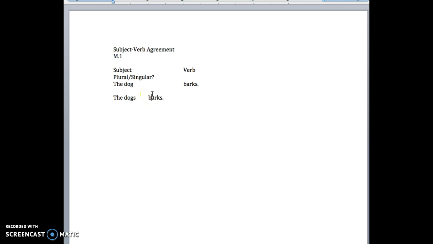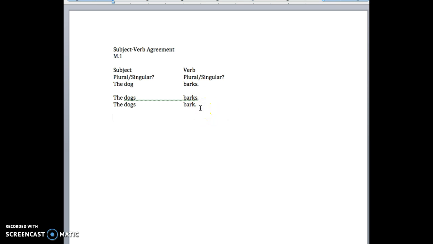And the exact same thing should be asked of the verb. Is this plural or is this singular? And they must match. For the dogs, we would need to say the dogs bark. And I think, again, that's very intuitive. It's because we've been speaking our whole life. We haven't really thought about how we conjugate this.